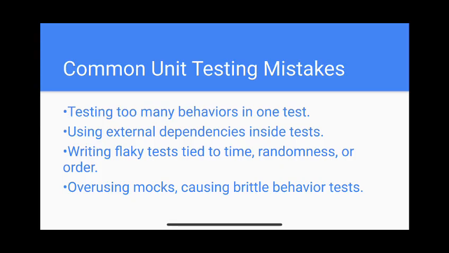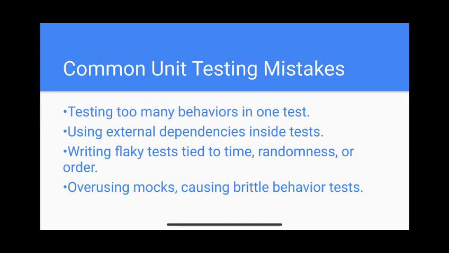So you do want to be using mocks, but another common mistake is overusing too many mocks. This would create a fragile and implementation-coupled test. This would break during refactoring, even if the behavior is correct. And it encourages focusing on interactions instead of outcomes.